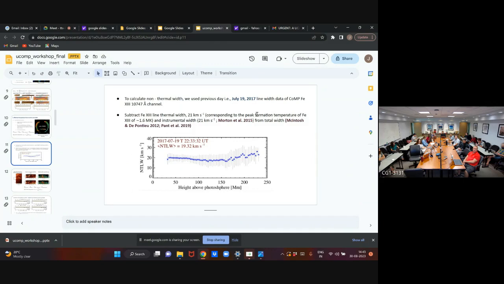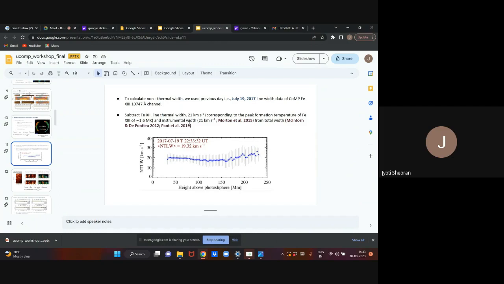Do you feel like that's strange or common? I've never studied CoMP, I'm only studying UCoMP. Why are those the exact same numbers, or is that just a coincidence? No, they should not be. I mean, it's not like that. They should be the same. I think it is only for CoMP. They are the same, and only for this spectral line, the iron 13 spectral line, 1074.